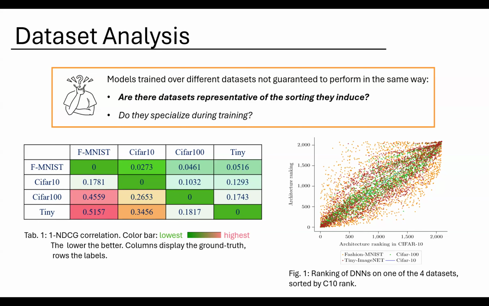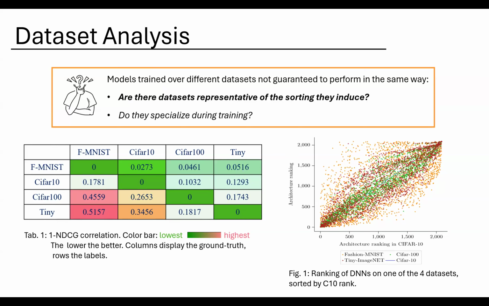And to answer this question, we analyzed the ranking correlation through the normalized discounted cumulative gain. That is a ranking measure that penalizes more if you rank wrongly highly relevant objects. And the key message from the table and from the plot is that if you use the ranking of a more complex dataset, you will generalize better than with a simpler dataset, which goes in the opposite direction of the common assumption.